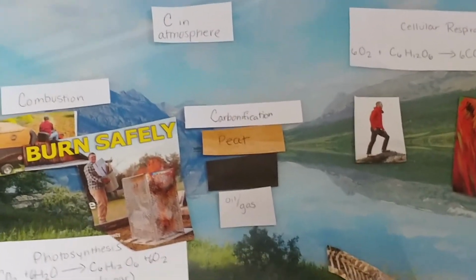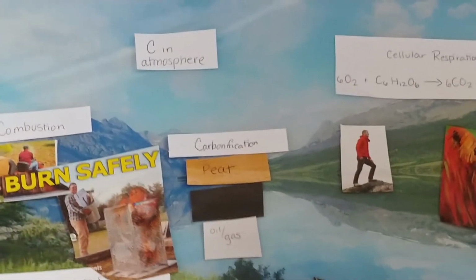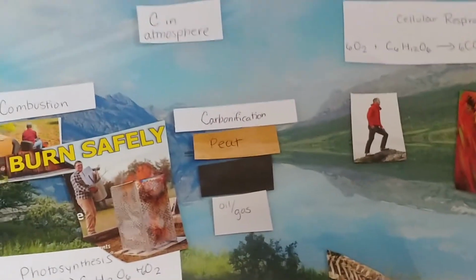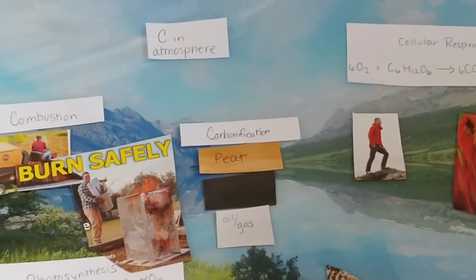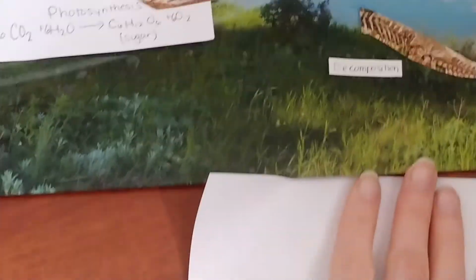The next thing I want to talk to you about is how do we apply this to our ecosystems? So I'll start right here with what I would put for my ecosystem carbon cycle.